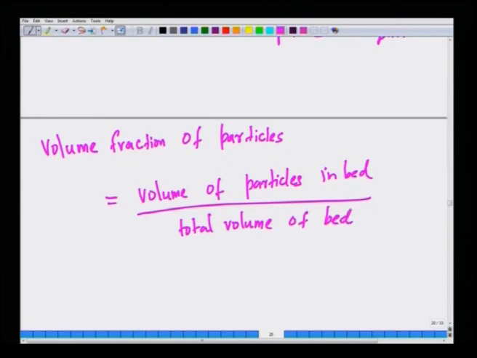This is the volume fraction of particles. It is essentially the amount of volume that is occupied by the particles divided by the total volume.